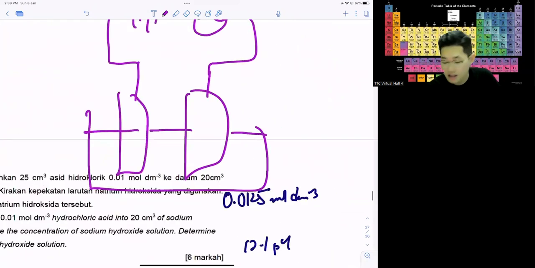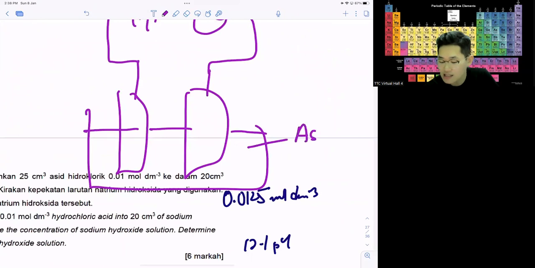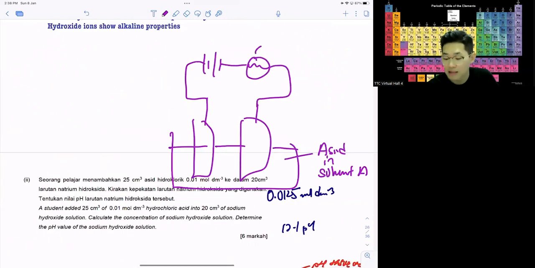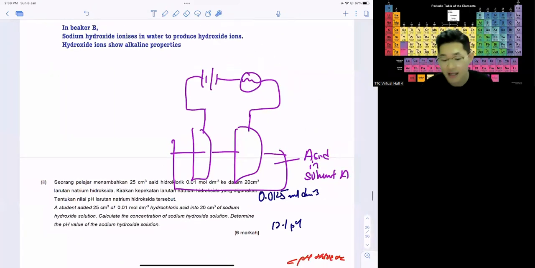It goes like acid in solvent A. Bulb lights up. Okay, solvent A is water. If the same thing but no light up, then organic solvent.